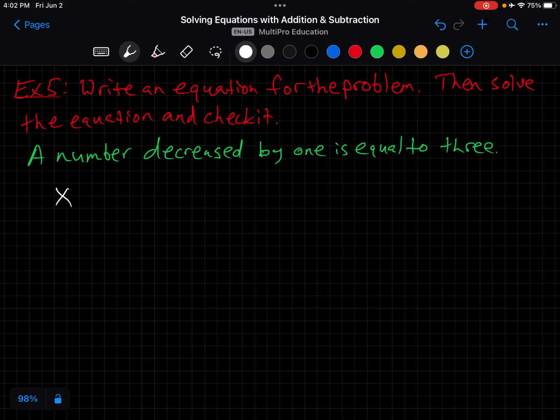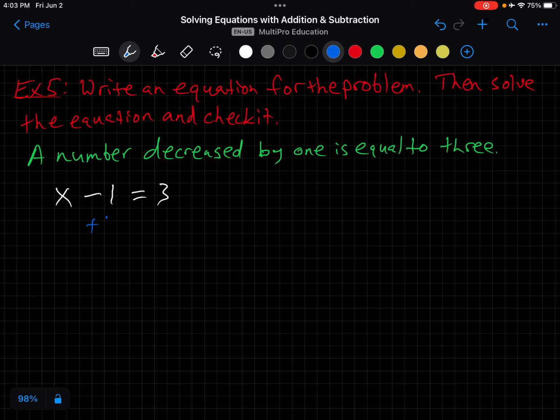So x is decreased by 1. Well, what happens when something decreases? It becomes less. So that means in the mathematical world that we are subtracting. So x minus 1, because we're decreasing by 1, is equal to 3. Whoa, we just put that in a mathematical equation here.